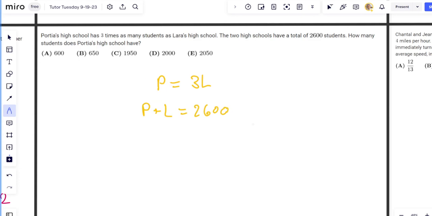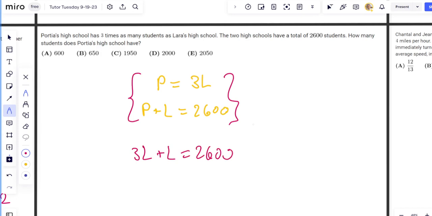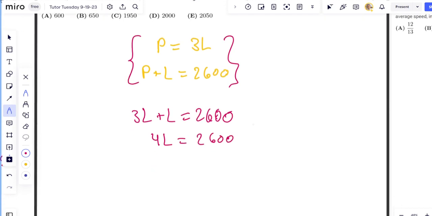Well, if I substitute this definition into the equation that I just wrote down, we're going to get 3L plus L is equal to 2,600. See how fast you guys can solve this one. Because we're going to get 4L equals 2,600, and we divide by 4 to get L equals 650.